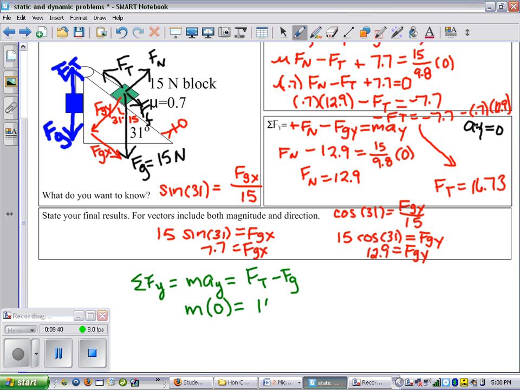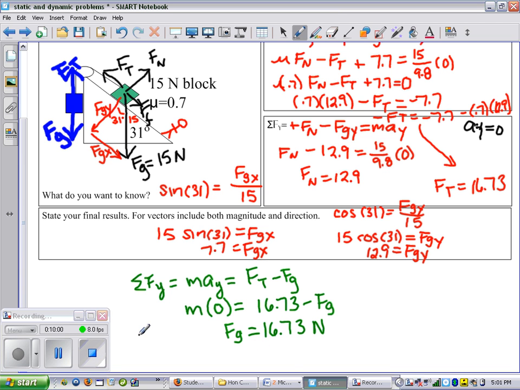Ft is 16.73 minus Fg. This is 0, so I'm going to move this over to this side. So force of gravity equals 16.73 newtons.